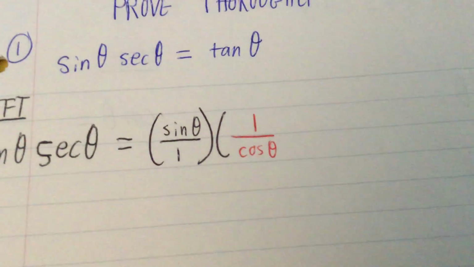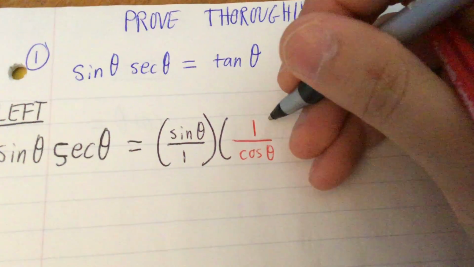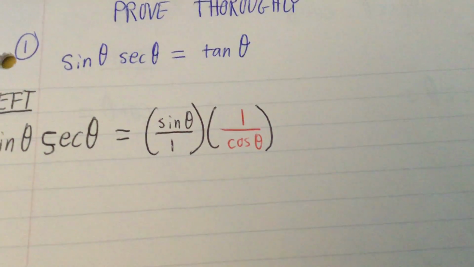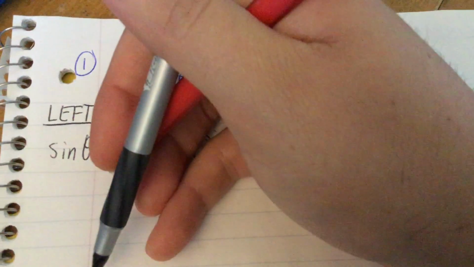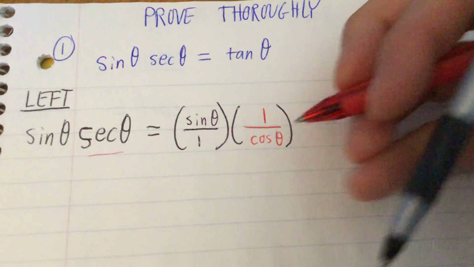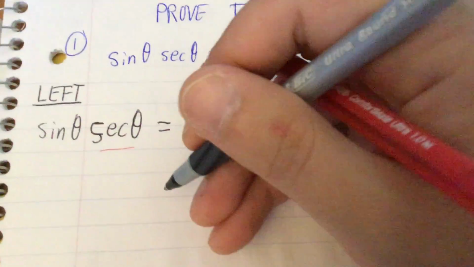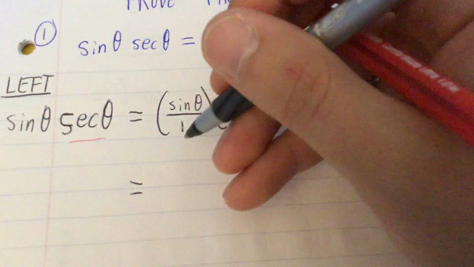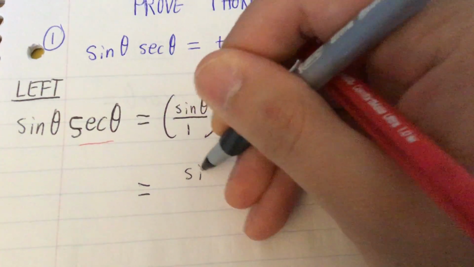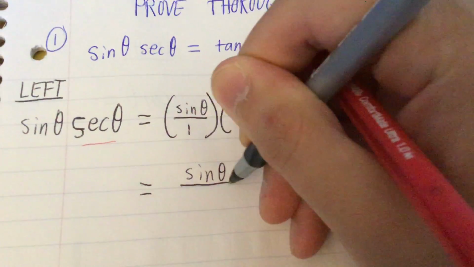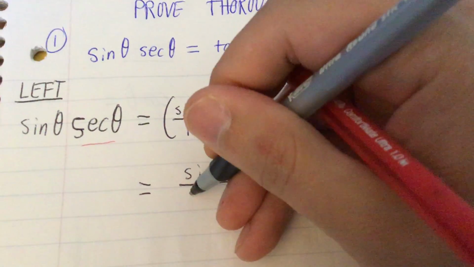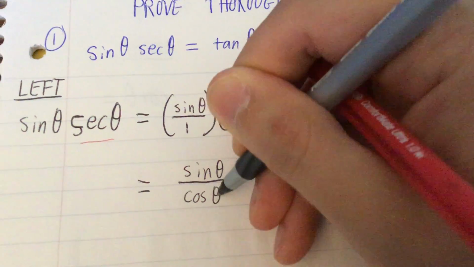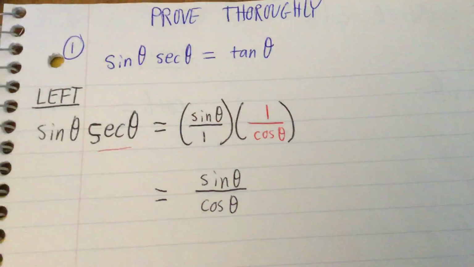Okay? So all I did was make secant into 1 over cosine. Then I'm just going to multiply across. Sine times 1 is sine of theta. 1 times cosine is cosine of theta. And now I'm left with sine over cosine.